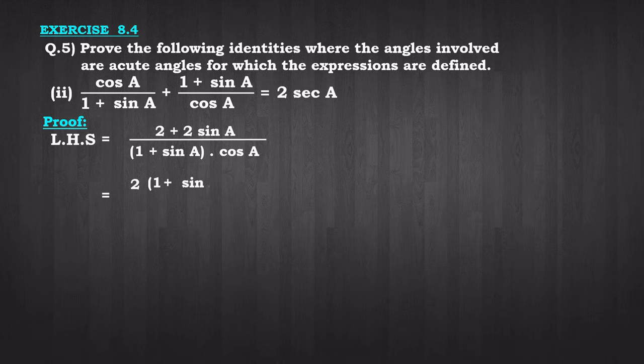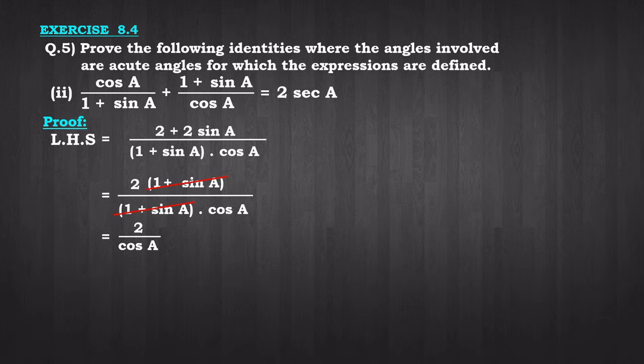We get 2 multiplied by (1 plus sine A) divided by (1 plus sine A) multiplied by cosine A. Now cancel the common factor, 1 plus sine A. The expression becomes 2 divided by cosine A. Since 1 upon cosine A is equal to secant A, we get 2 secant A. Therefore, the left-hand side is equal to the right-hand side.